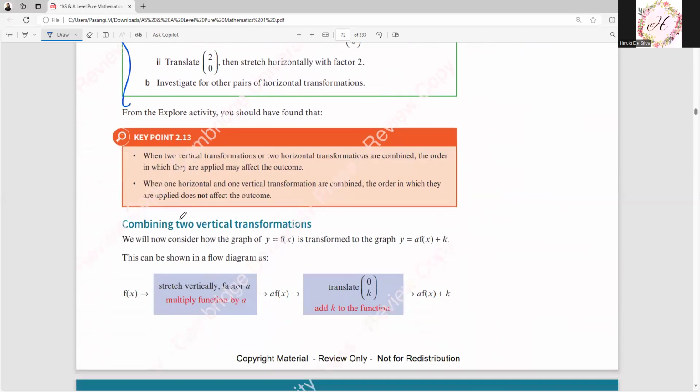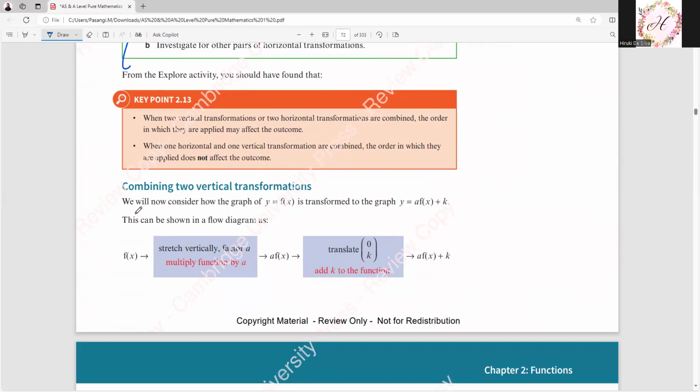Now for the theory part, how it works, combining two vertical transformations. We will now consider how the graph of y equals f(x) is transformed to the graph y equals af(x) plus k. This can be shown in a flow diagram.